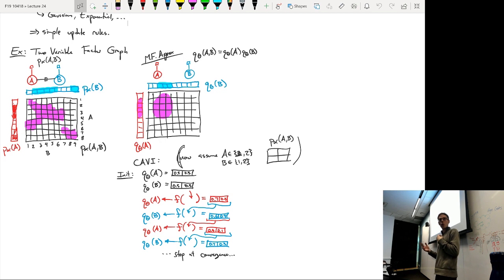If you want to think about what a Gibbs sampler is actually doing here, a Gibbs sampler is doing something a little bit different.